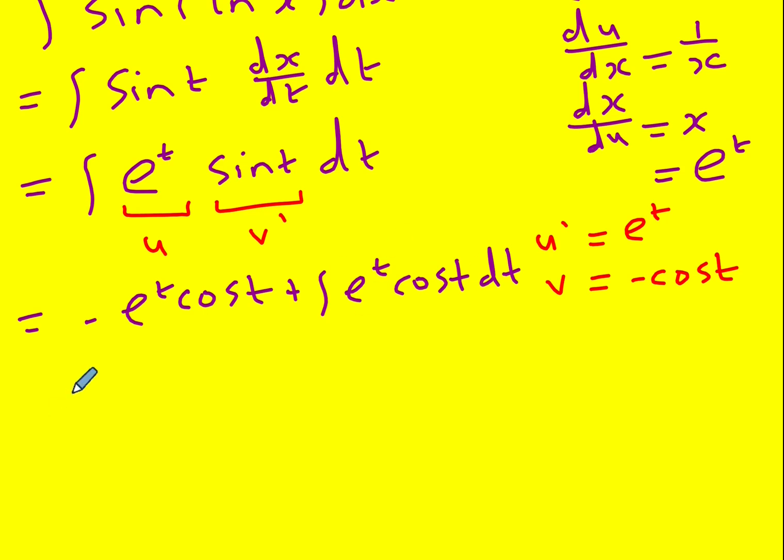Now we've got the integral of e to the t cos t. So same again, this is going to be u, this is now going to be v dash.